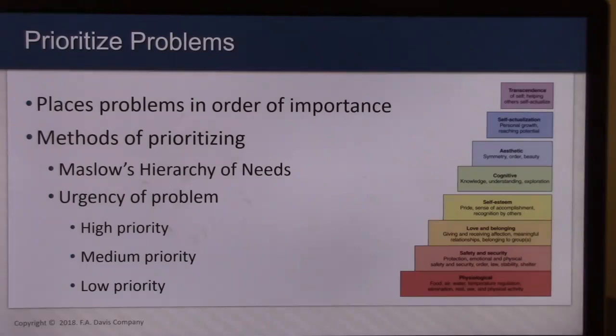You also want to verify these problems with the patient. After you identify them, you want to know where they're from, if possible, what the origin of the problem is. And then the diagnostic statement is the interpretation of that data, and the patient's interpretations may differ from yours.